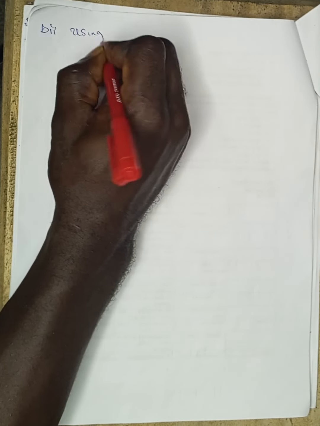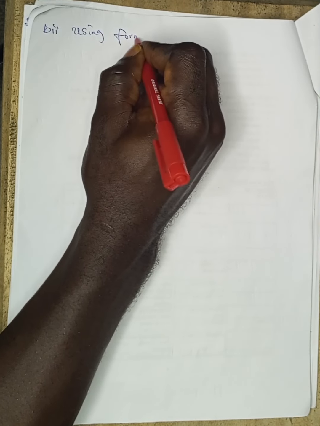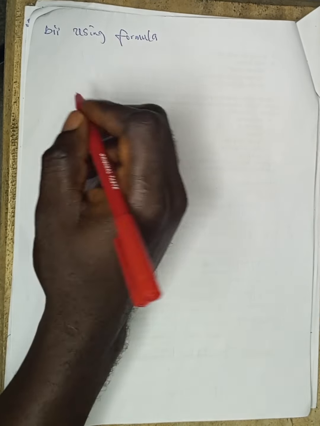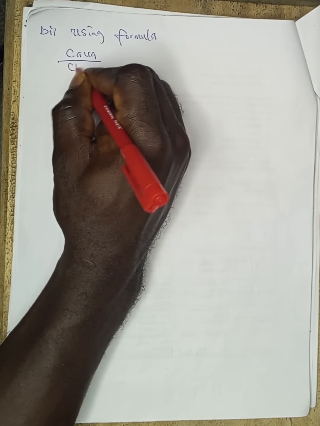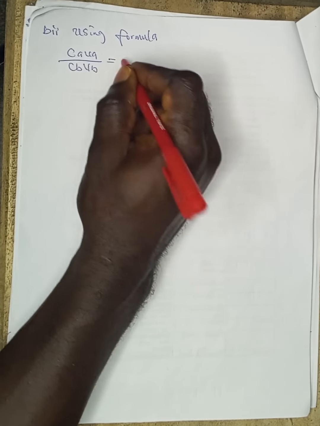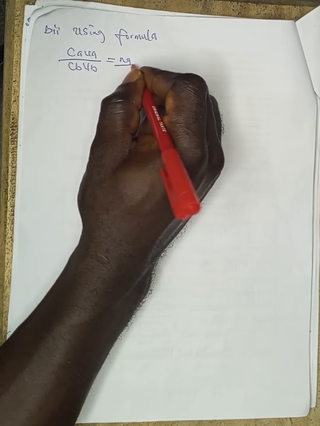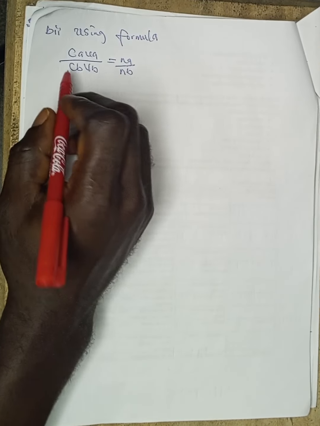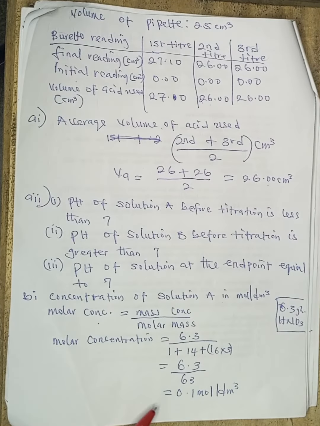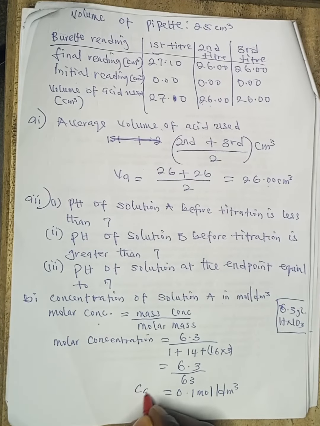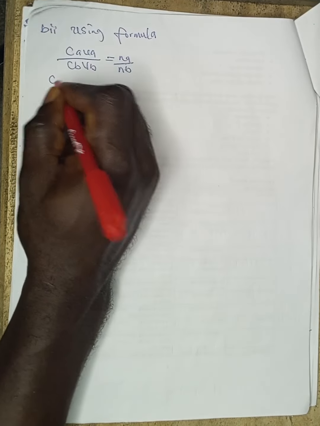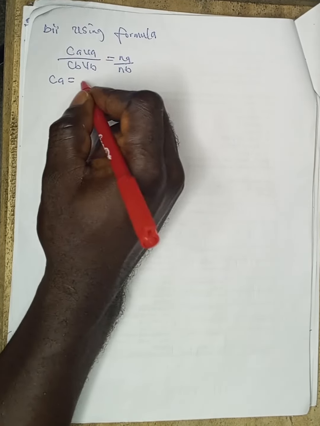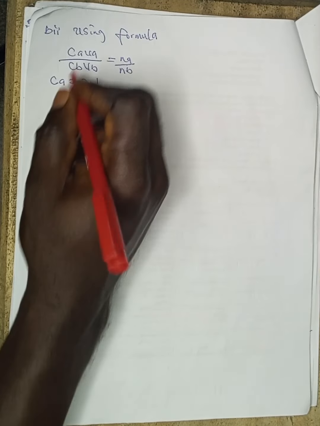Using the formula CAVA over CBVB is equal to NA over NB. Your CA is what you have here, 0.1.